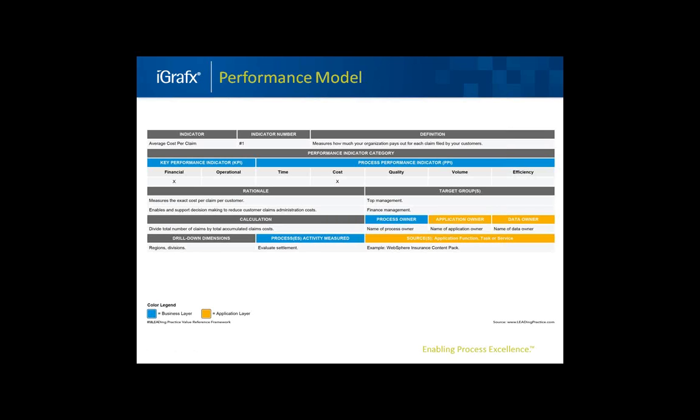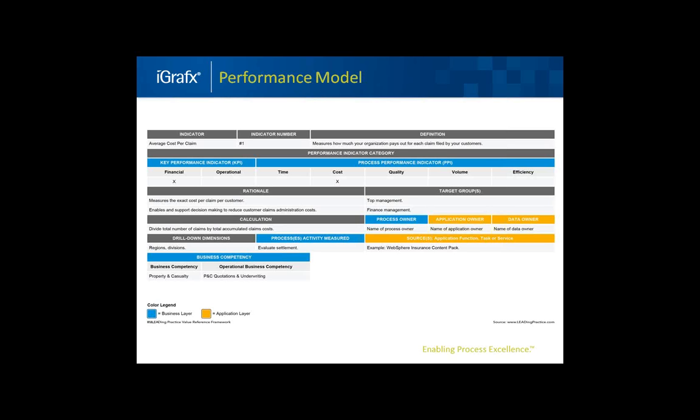In our fictional scenario around this indicator we chose, this would be the WebSphere Insurance Content Pack. It could furthermore be some other solution you would have specific for your claims handling or your applications.